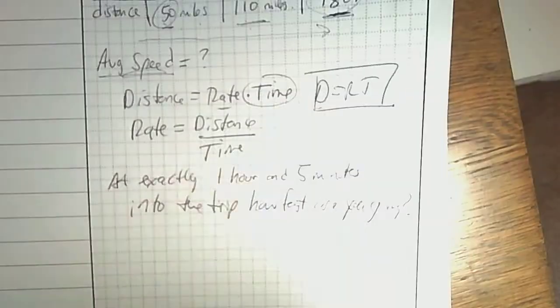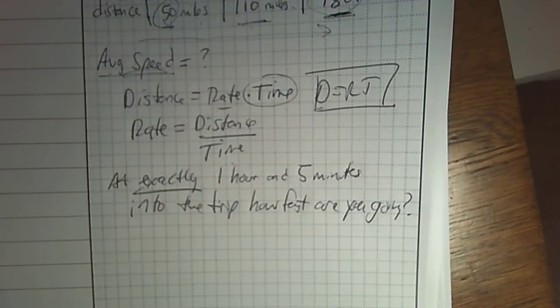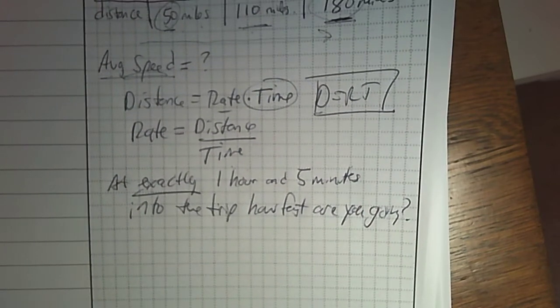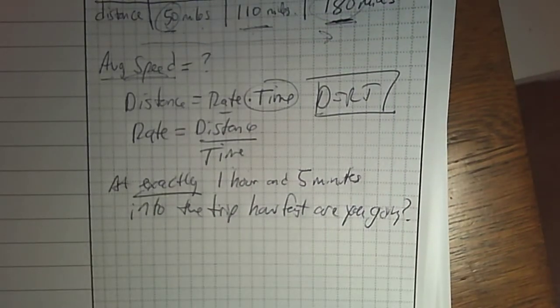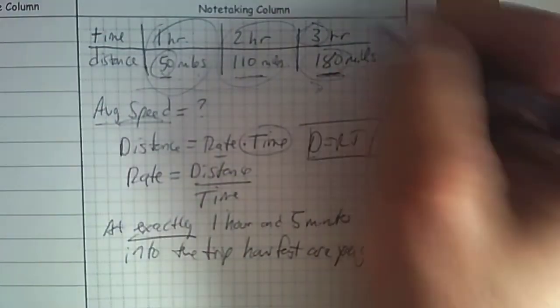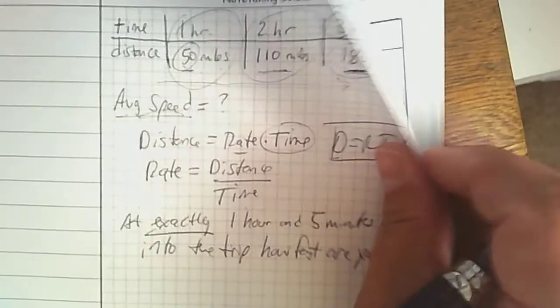So this is the key word, at exactly 1 hour and 5 minutes. Exactly, how fast are you going? Now remember, you haven't stopped. You are driving the whole way there. So if you're driving the whole way there, we call that continuous the whole way there. We have a table of values that just shows some values along the trip. But what happens when it's exactly there?